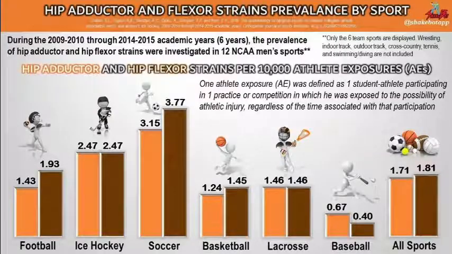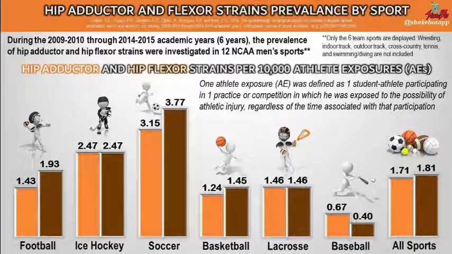And then I want to talk about hip adductor and flexor strains prevalence by sport. During the 2009 until 2010 through 2014 until 2015 academic years, the prevalence of hip adductor and hip flexor strain were investigated in 12 NCAA men's sports.